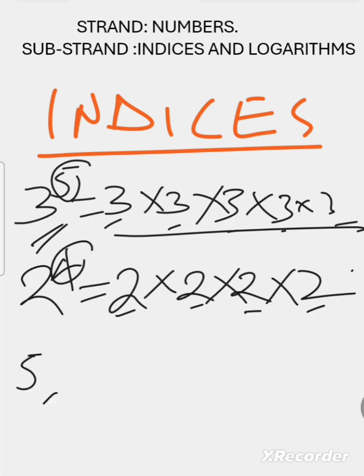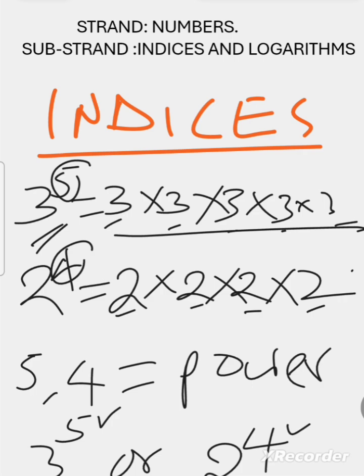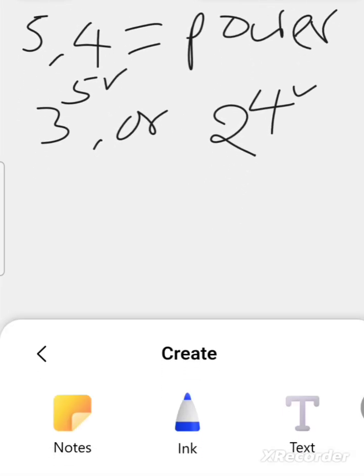So we can read the two statements as 3 power 5, and the second one is 2 power 4. So the number above here is what we refer to as a power.